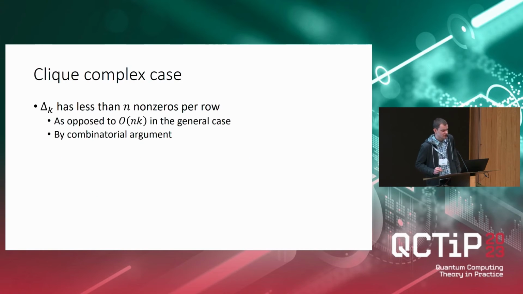So in the special case of clique complexes, we can go further because there is an additional property of the combinatorial Laplacian in this case, meaning that it's even sparser. So instead of order nk possible neighbors, we only have less than n possible neighbors, so less than n non-zeros per row.